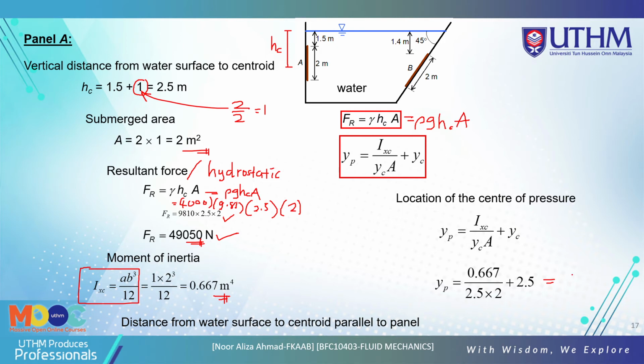So you get 2.6334 meter, the value of YP.